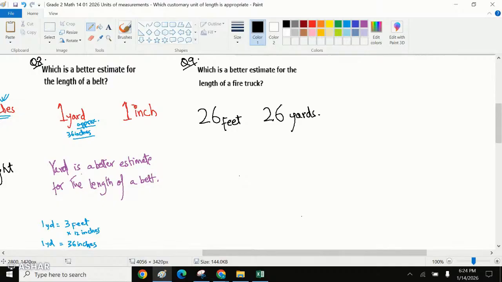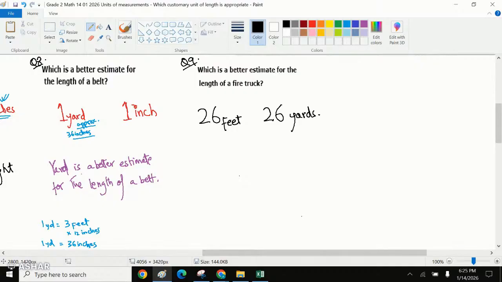If they would have said what is a better estimate for a transportation truck, like a big 40-wheel truck, then we could have said 26 yards, right? But a fire truck has to be not too big, not too small, because they have to find access in narrow alleys as well, right? It cannot be very big, right?